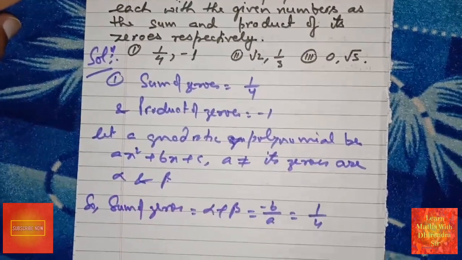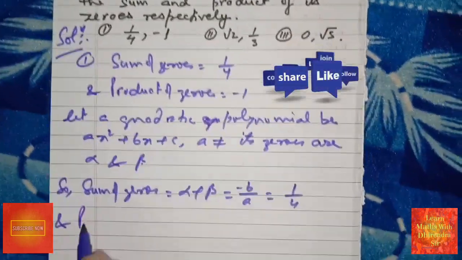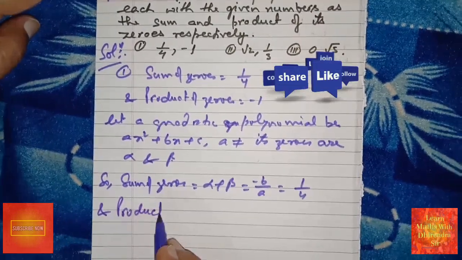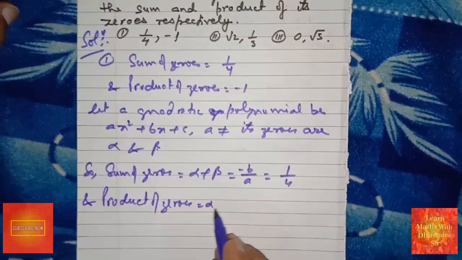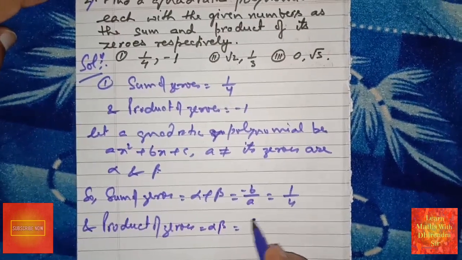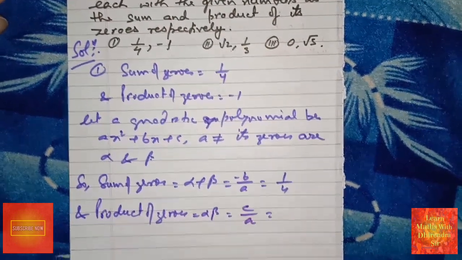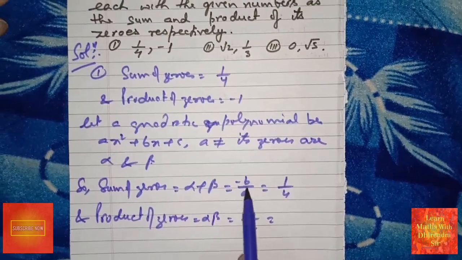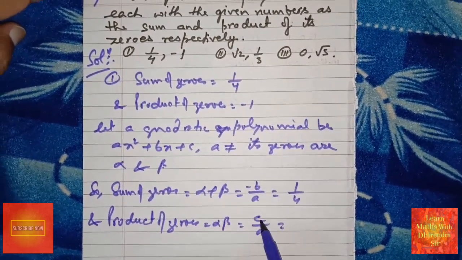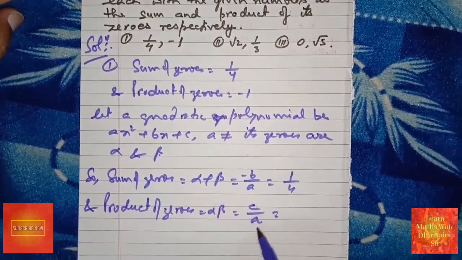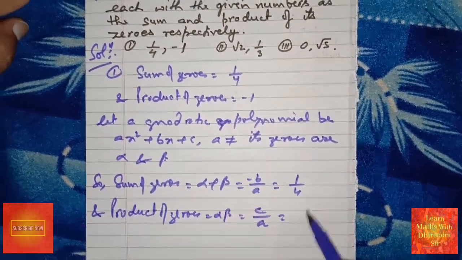Sum of the zeros 1/4 and product of zeros equal to alpha into beta, you know very well, that is c upon a. You know very well minus b upon a, that is the coefficient of x upon coefficient of x². Here is the c is the constant and a is the coefficient of x².